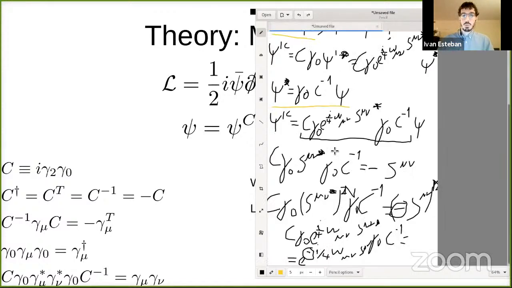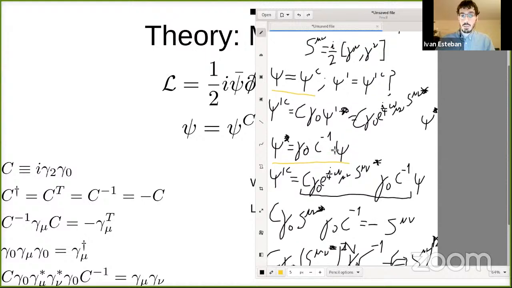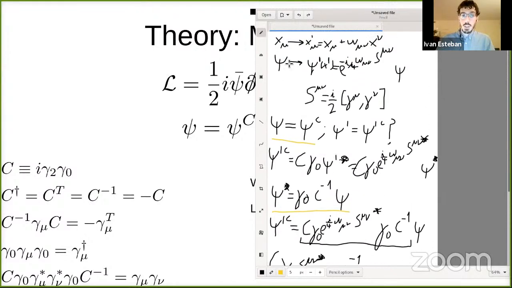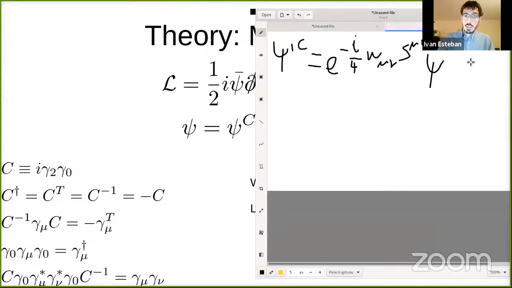And if you go to our definition of how Dirac spinors transform under the Lorentz transformation, you will see that this is nothing but psi prime.